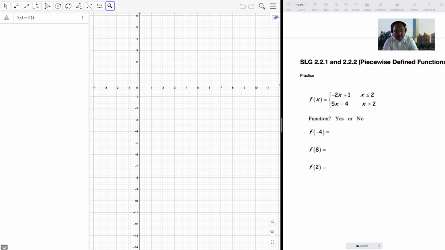If x is less than or equal to 2. So again, how did I write that? First, the less than symbol and then the equal symbol. And then GeoGebra changes it to less than or equal to 2. And then what must GeoGebra do? Graph negative 2x plus 1.